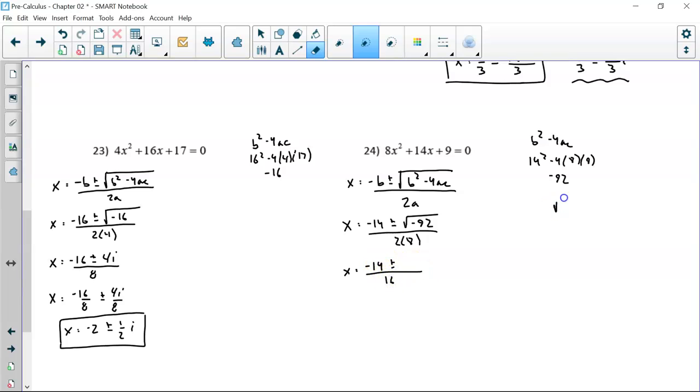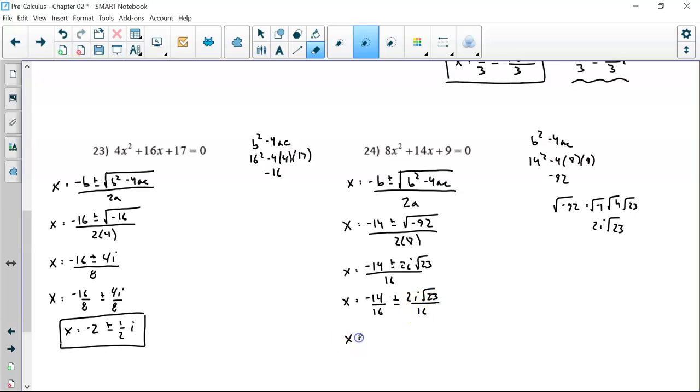Now, the square root of negative 92, square root of negative 1, and the square root of 4, square root of 23. So after all that, it's 2i square root of 23. So negative 14 over 16 plus or minus 2i root 23 over 16.